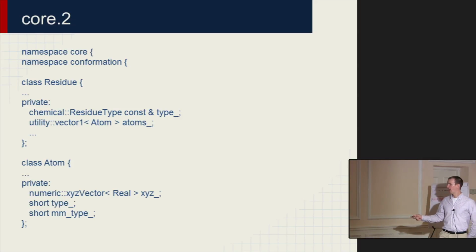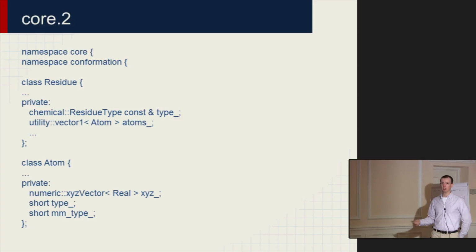It has a vector of atoms, as I mentioned before. So atom is a coordinate, an XYZ coordinate. And also, for rapid lookup in energy calculations, it actually stores a little bit of the chemical information. So there's a redundancy here.